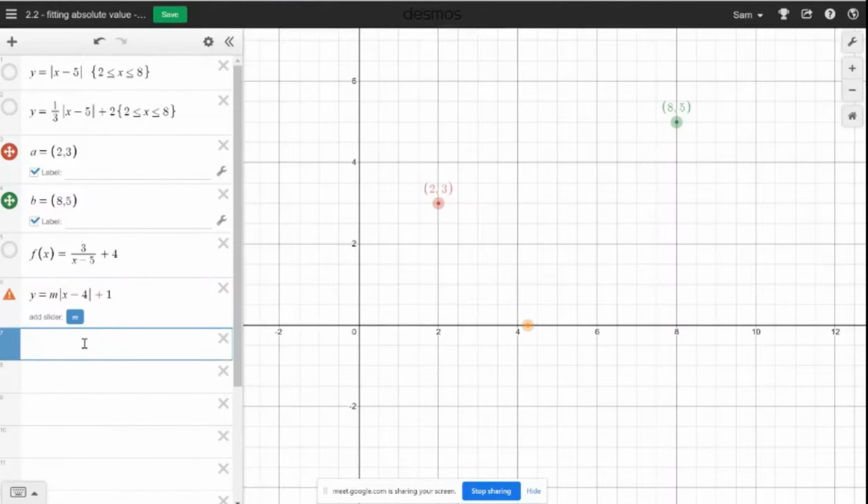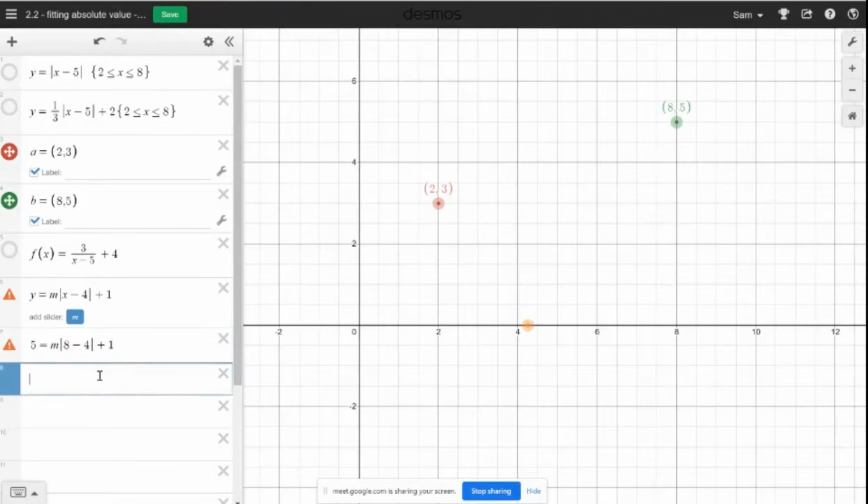What should our gradient be? To find our gradient, we're going to have to substitute in this point 8, 5. So y is 5, x is 8. We'll just go and arrange that.